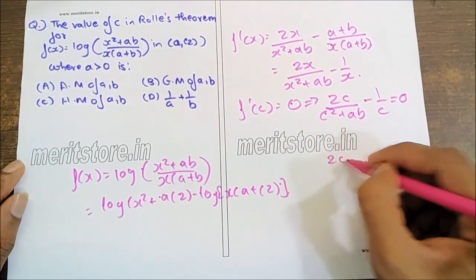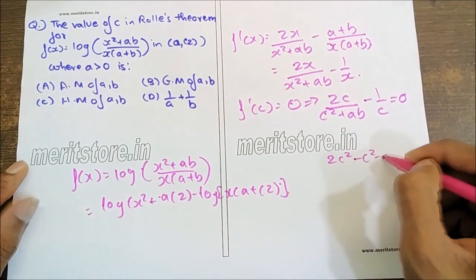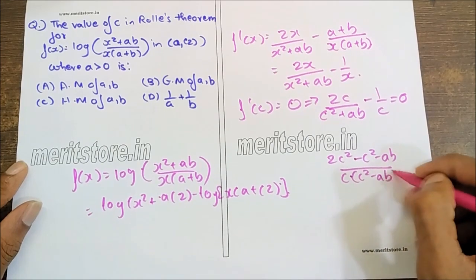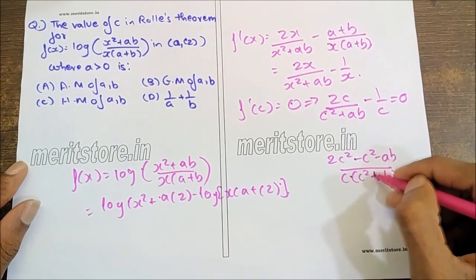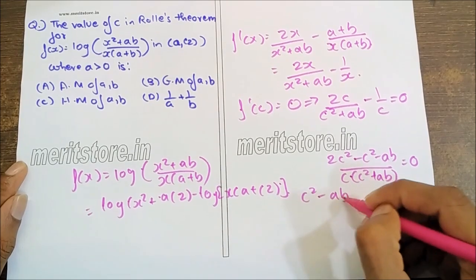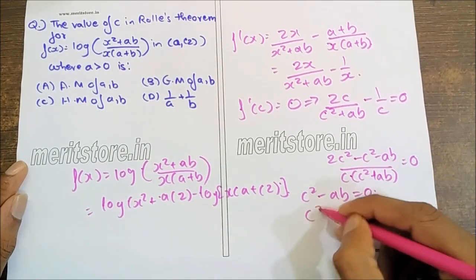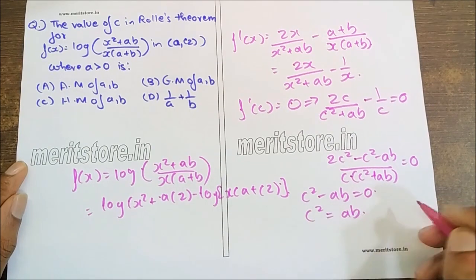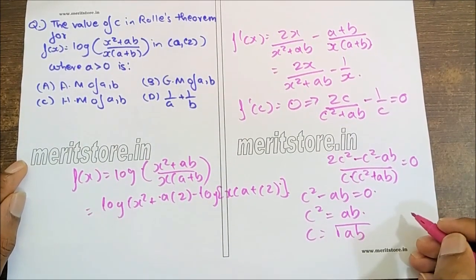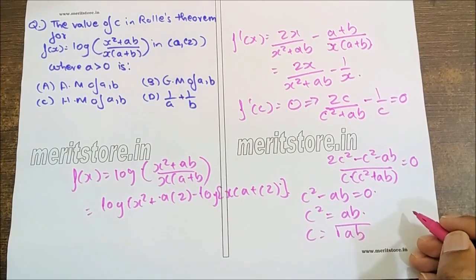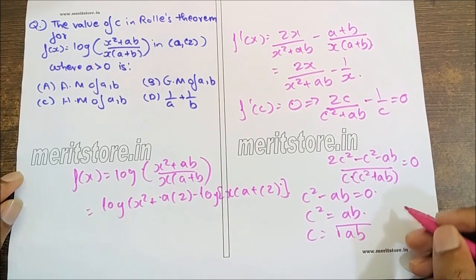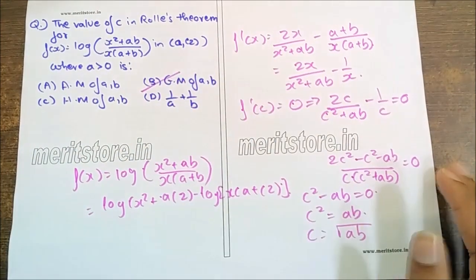For solving, we get 2c square minus c square minus ab upon c into c square plus ab equal to 0. Therefore c square minus ab equal to 0, that is c square equal to ab, which is c equal to under root of ab, which is nothing but the geometric mean of a and b. Therefore option B is the correct answer.